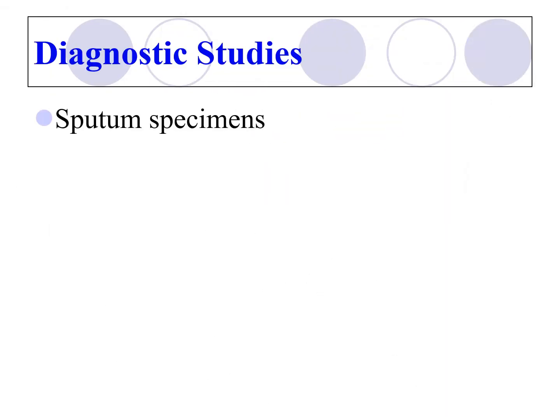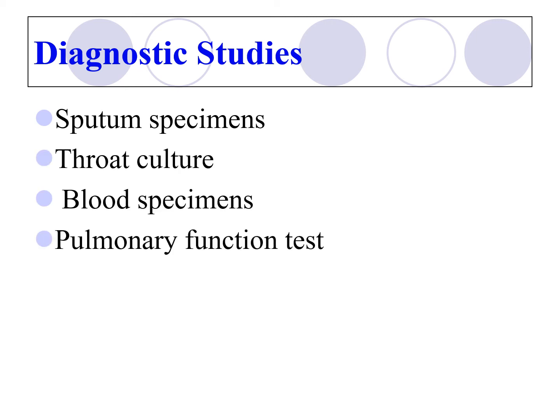Diagnostic study for the respiratory system, we can take a sputum specimen. It can be taken for normal analysis, and it can be taken for culture and sensitivity. We can take a throat swab for culture.